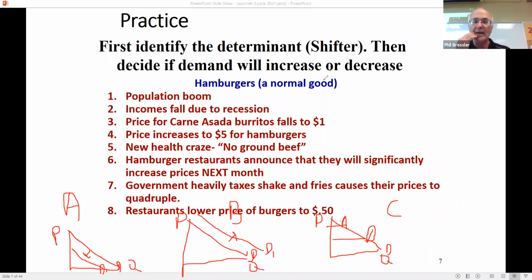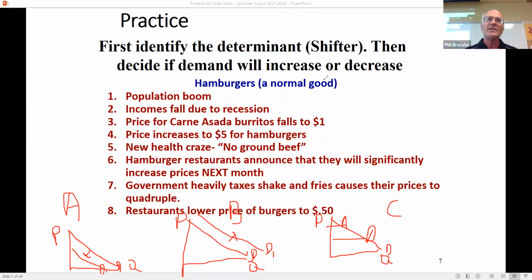someone asked me about the burritos. Is that falling to $1? Could that be a change in taste and preference? I think it would be a change in taste and preference if people stopped eating hamburgers to eat burritos.